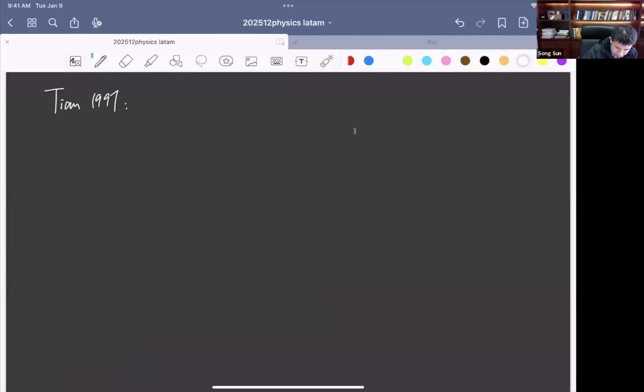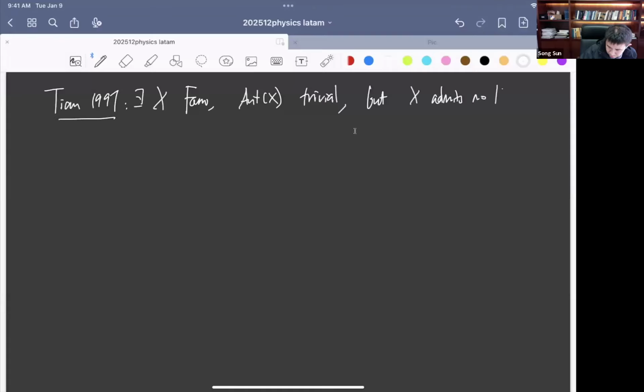There exists a Fano X where the automorphism group of X is trivial, so both the Futaki and the Matsushima obstructions do not obstruct, but X has no Kähler-Einstein metric. And this X exactly has this jumping phenomenon.